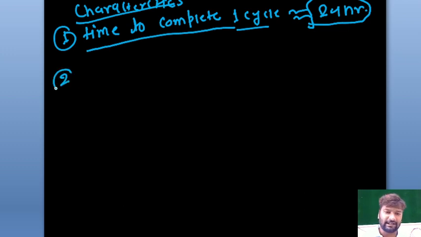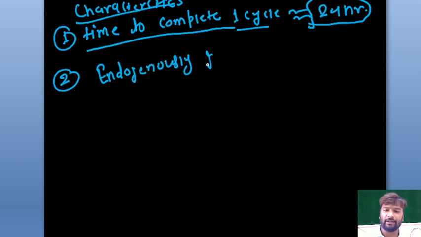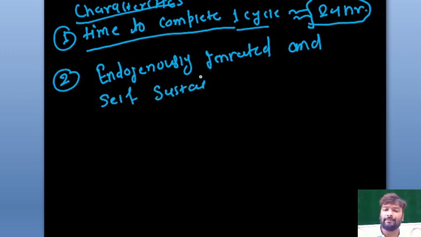And the second character is they are endogenously generated and self-sustaining. What is the meaning?